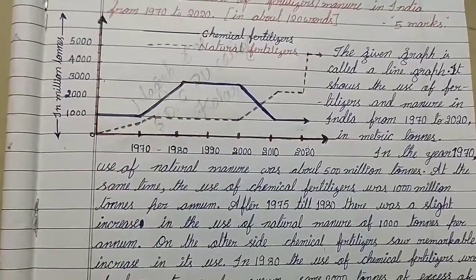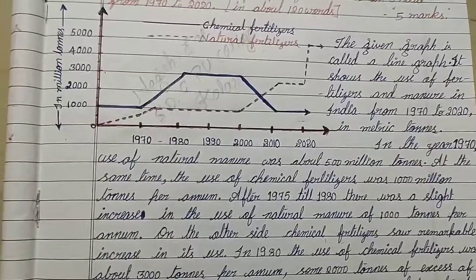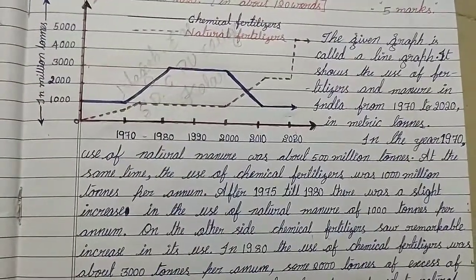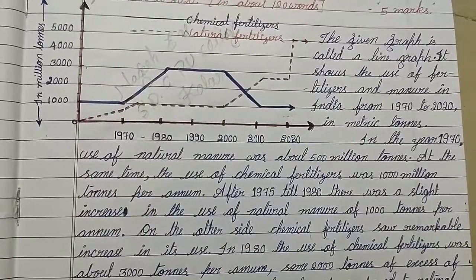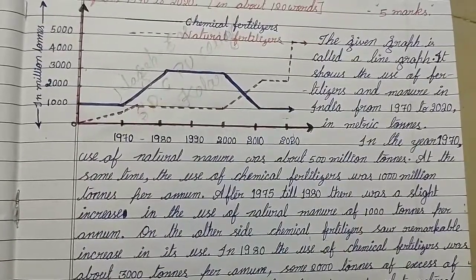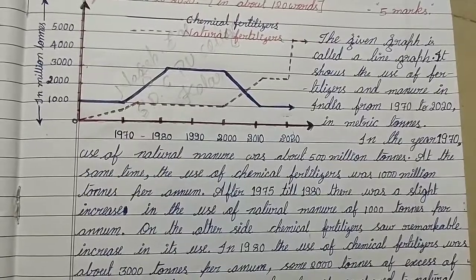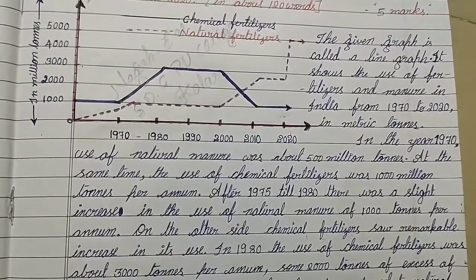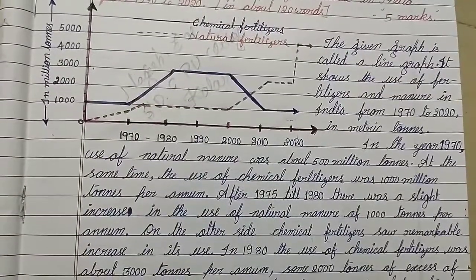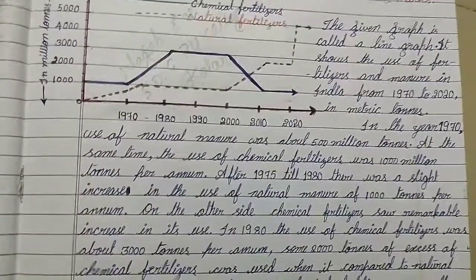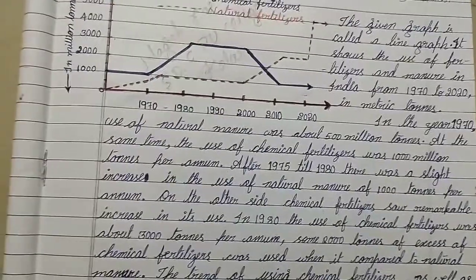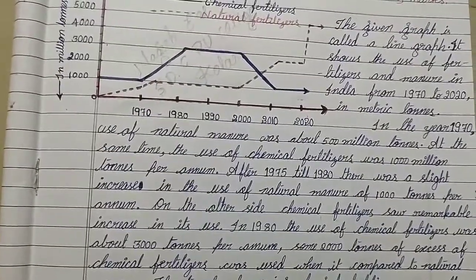On the other side, chemical fertilizers saw a remarkable increase in use. In 1980, the use of chemical fertilizers was about 3000 tons per annum. Some 2000 tons in excess of chemical fertilizers was used when compared to natural manure.